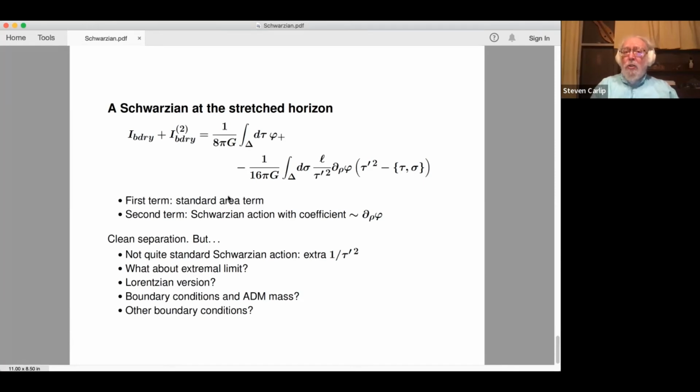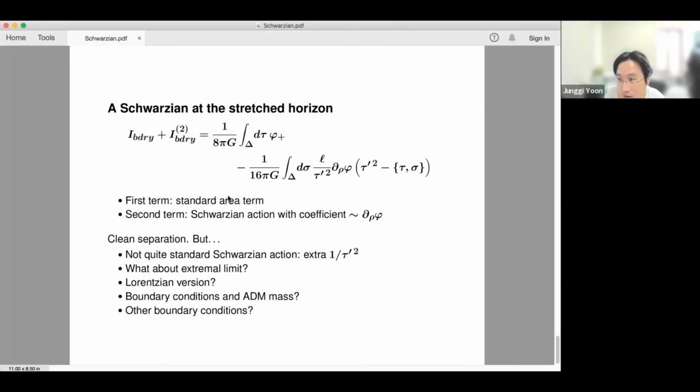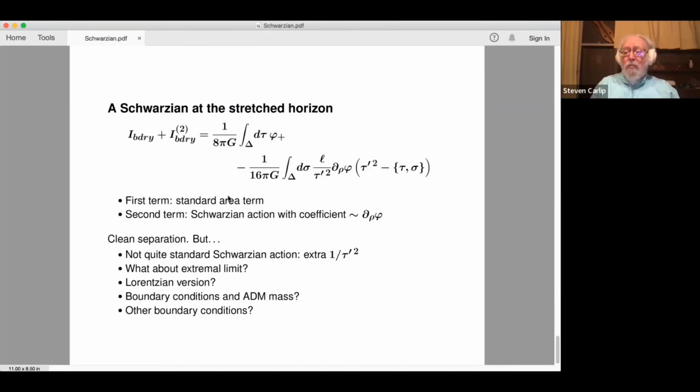So in 3 dimensions, there are at least 2, probably more than 2 ways of getting the effective theory. One starting from the Chern-Simons formulation, and one very much like what I've described here, starting from the ordinary metric formulation, but putting a wiggly boundary and looking at the induced action.